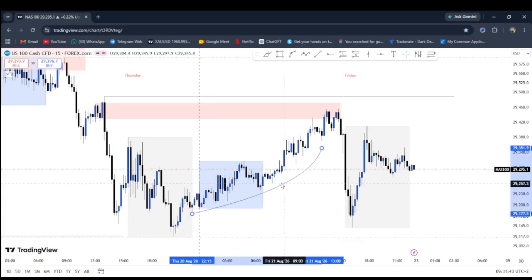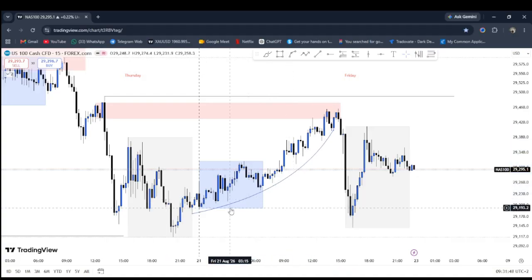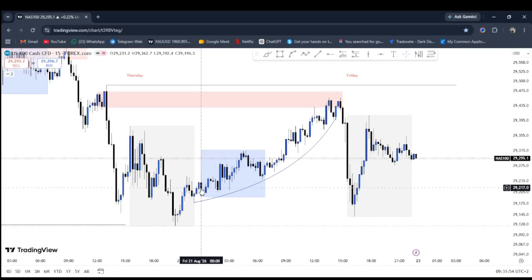We have got liquidity there, and all this liquidity had to get taken out. So look at this. This is a build up of liquidity. How is it? Because we had price go high, come back to these lows, react to these lows, respect them, push high, and it kept doing that, meaning they were building liquidity that needed to get taken out down here.